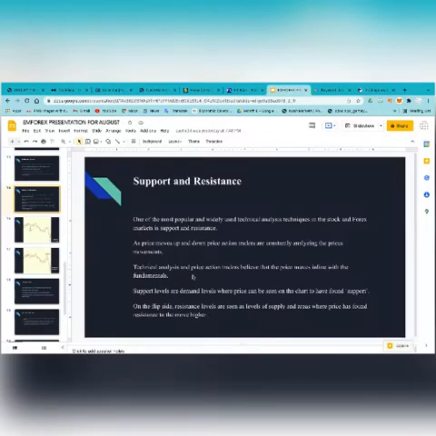Technical analysis and price action traders believe that price moves in line with fundamentals. Support levels are demand levels where price can be seen on the chart to have found support. On the flip side, resistance levels are supply areas where the price has found resistance to move higher.